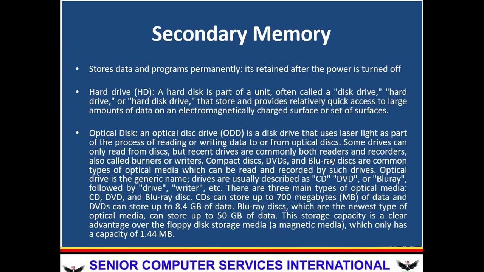A disk is a part of a unit often called the disk drive, a drive that stores and provides relatively quick access to a large amount of data on an electromagnetically charged surface or a set of surfaces. That's one of the examples of a storage device under the secondary category.